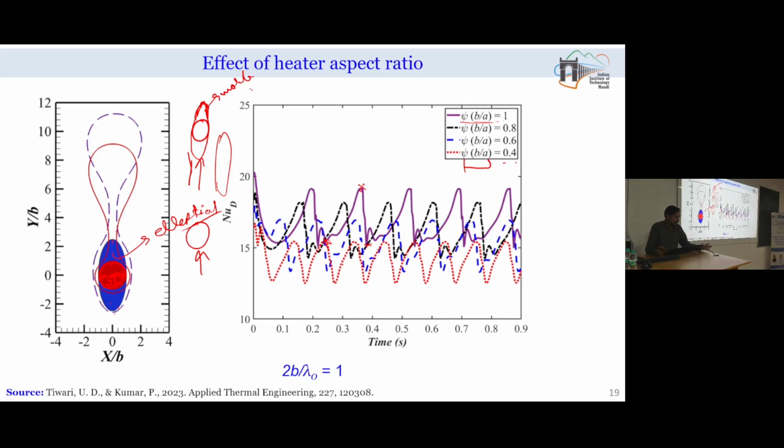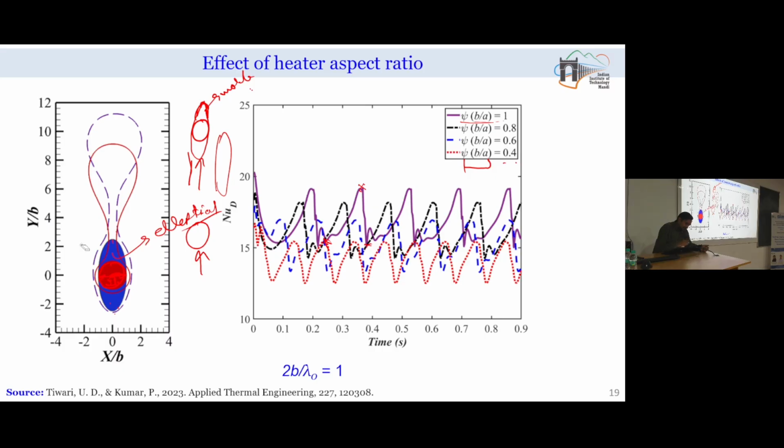What is the reason? If you see a cylindrical body, when the bubble is rising, the neck of the bubble is formed closer to the heater surface. Once it is formed closer to the heater surface, the thickness of the vapor film will be less around the cylindrical heater.